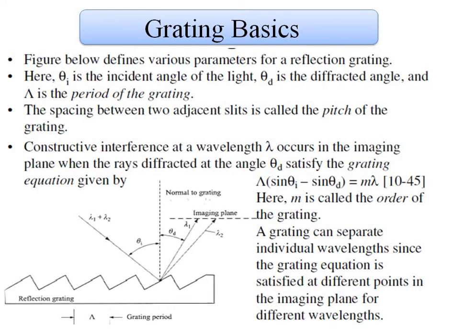So we'll see the basics of grating. Here, the figure shown defines various parameters for a reflection grating. Here theta I is the incident angle of the light and theta D is the diffracted angle.